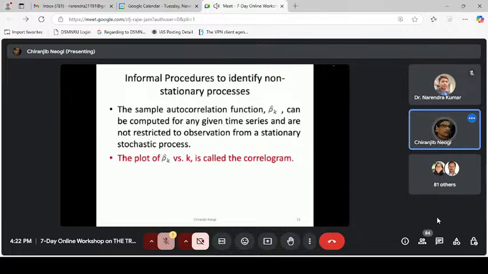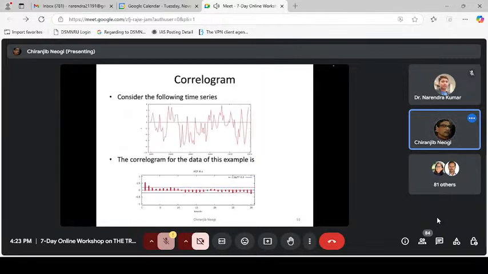Now, if we plot these correlation values against the lag value, then it is called a correlogram. From this correlogram, I can get an idea about the stationarity of the series. Say this is one series, a particular time series.